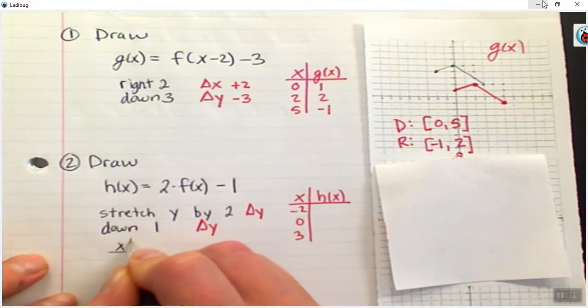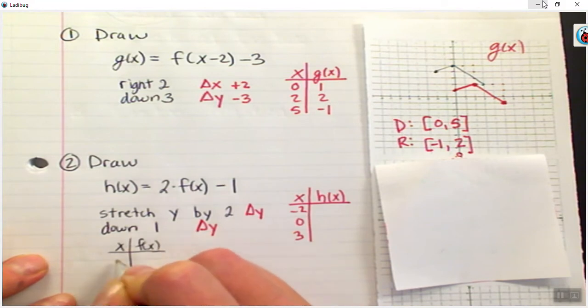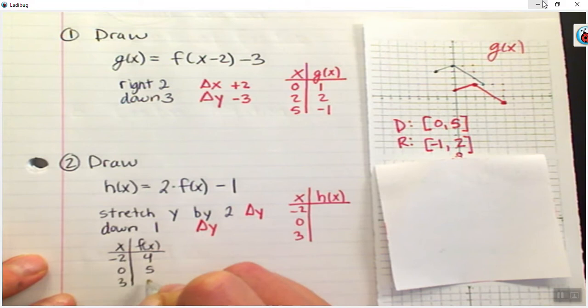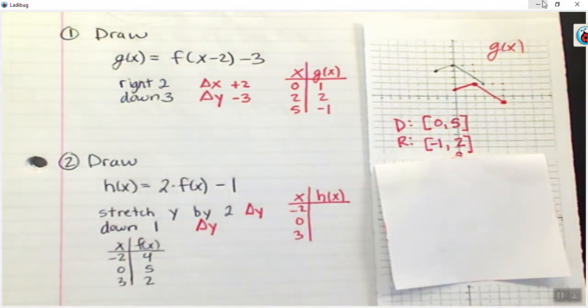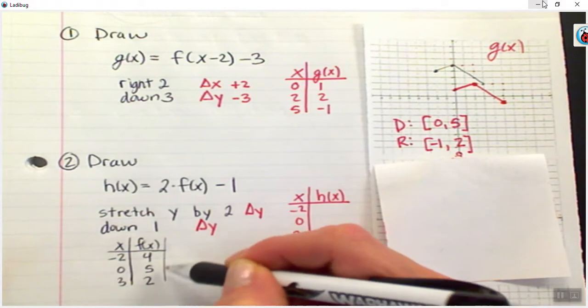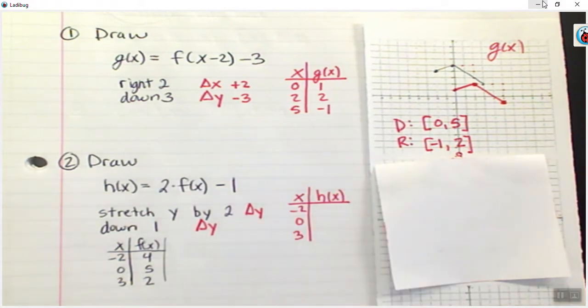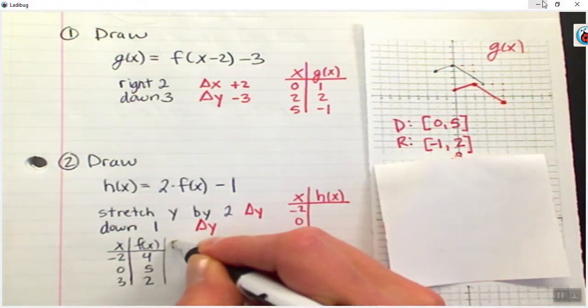And I'll just re-jot my parent table here so that we can look at it. -2, 0, 3, 4, 5, 2. Can anyone give me an idea of how I should move this table around to get to the new coordinates? Yeah? So you take the 4 from the parent function, multiply by 2, and then subtract it.